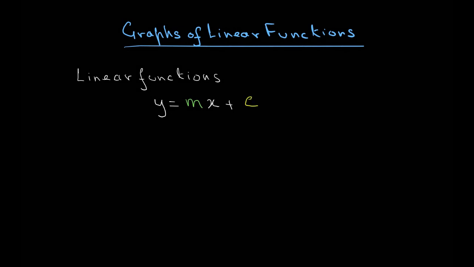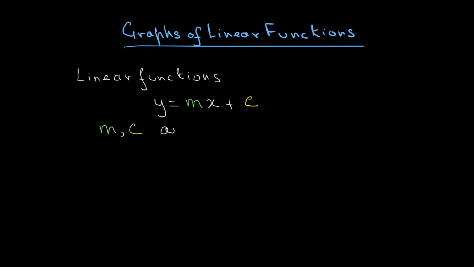Okay, so m and c are going to be real numbers, R on the real line. So they are real numbers, which means they are on the number line. That's all that it means. They can be any real number. So that's what we mean by linear functions.